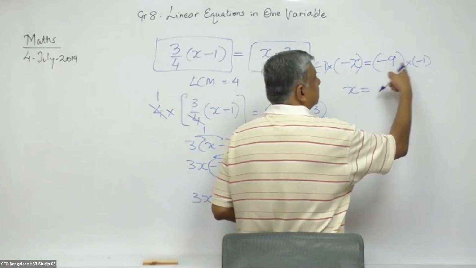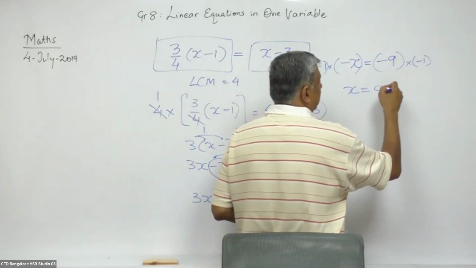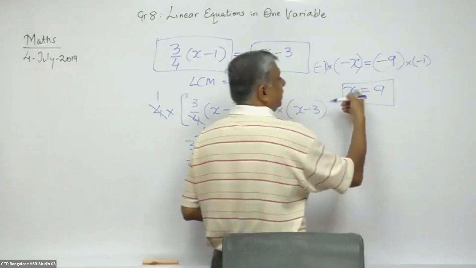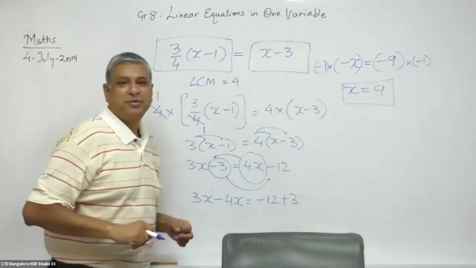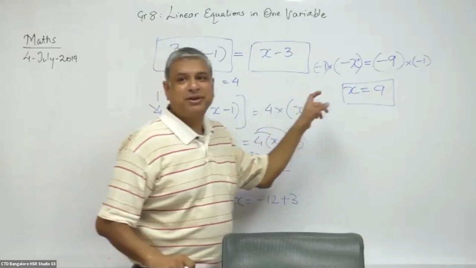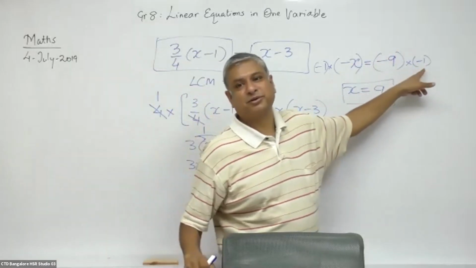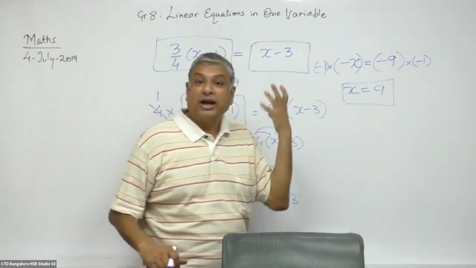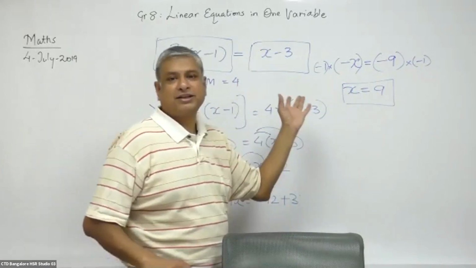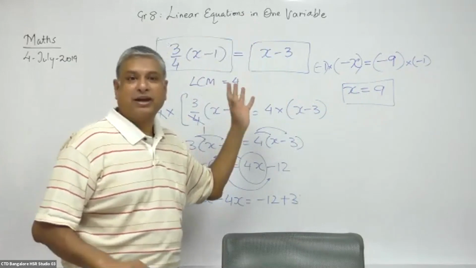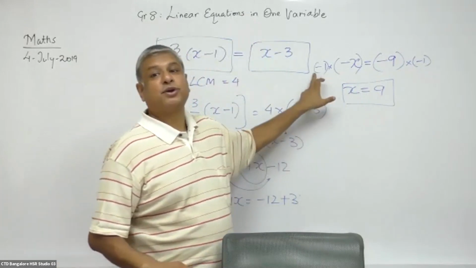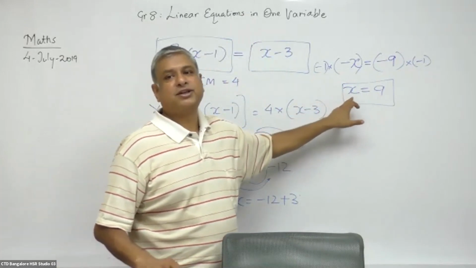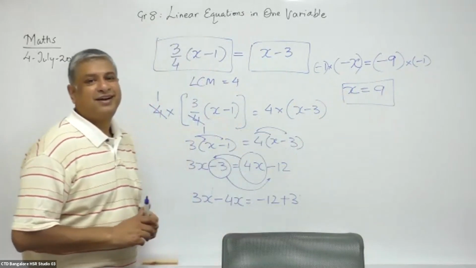And minus 1 into minus 9 is 9. See, negative both sides got cancelled. But actually what is happening is minus 1 gets multiplied both sides. So that is how you can transfer minus signs from left to right or cancel minus signs. So minus 1 is the technique. So x equal to 9 is the answer.